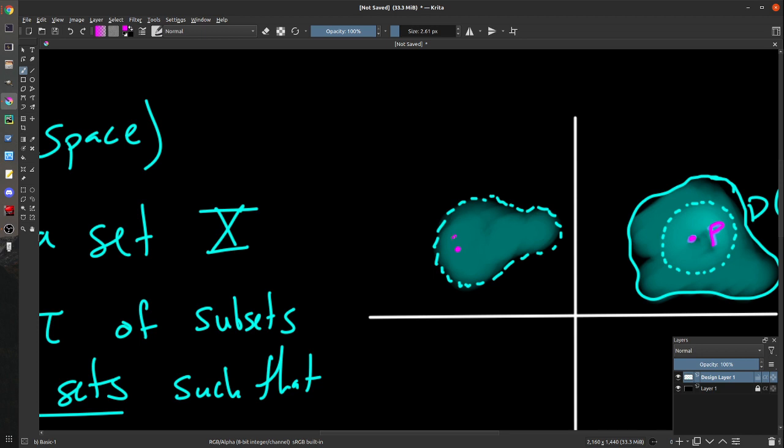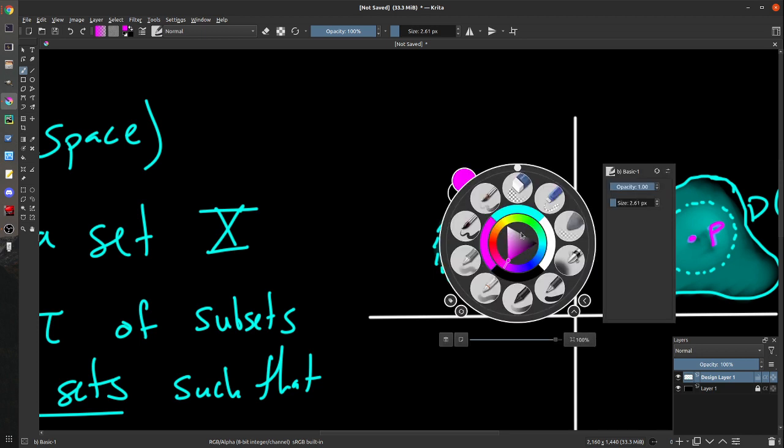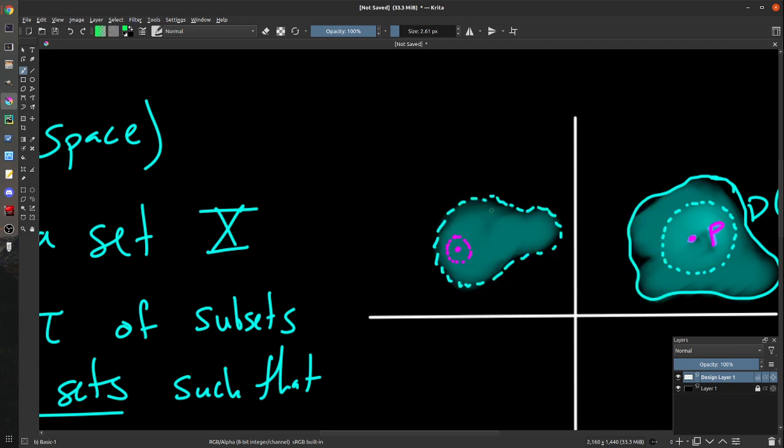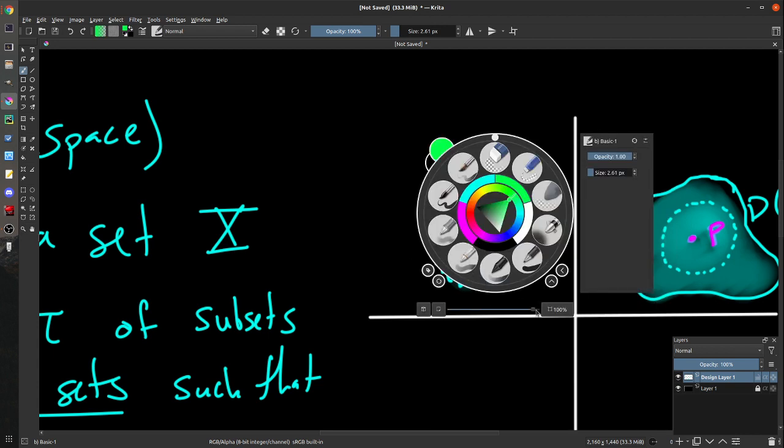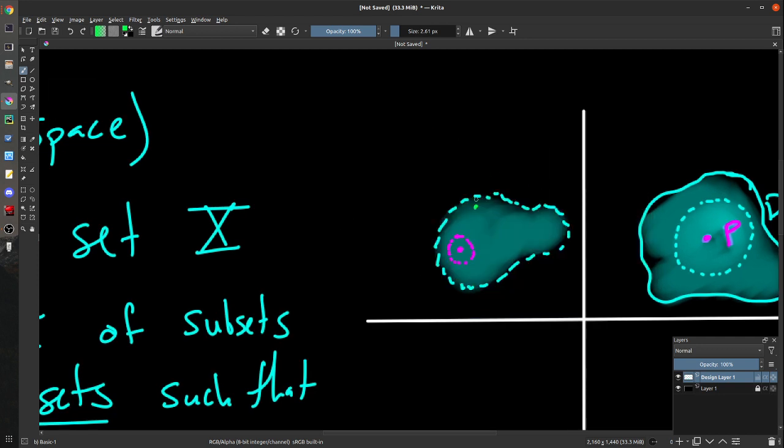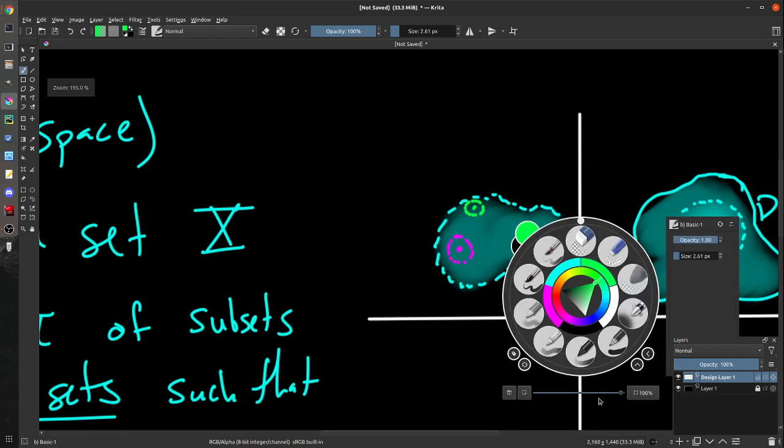Notice, hey, I can always find a neighborhood about that point, right? No matter what point I pick, if I zoom in close enough, I can always get a little neighborhood about it, or a little disk about it. And so they'll say a set is open if the set is a neighborhood of every point in it, i.e., if every point in the set has a little disk about it.